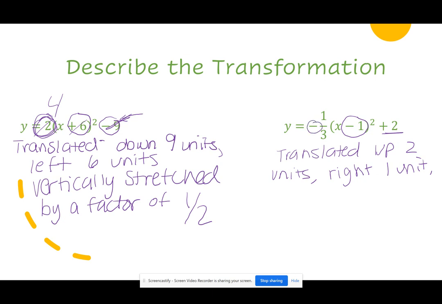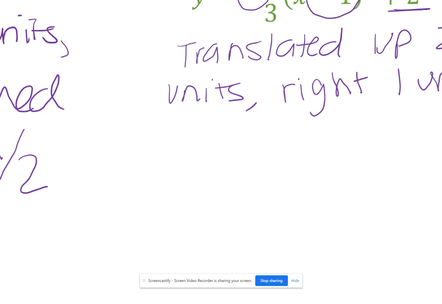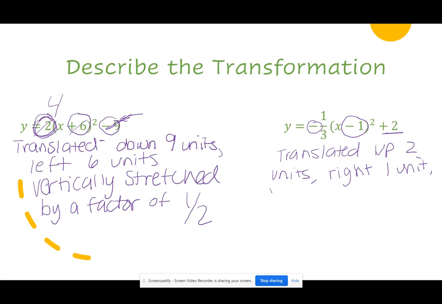I'm going to look at this negative sign and say it's reflected over the x-axis. That's what you'll say every time there's a negative. And lastly, since we have this 1/3, it makes it wider, so it's vertically compressed.